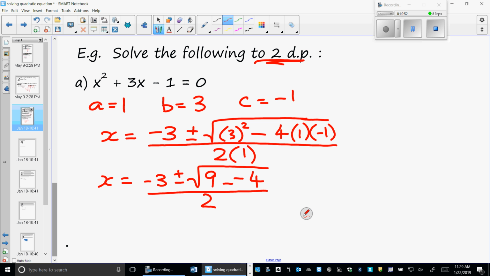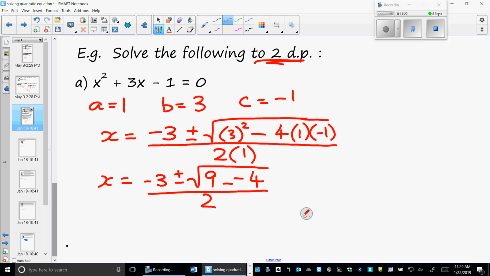I've kept my takeaway here, and I've done 4 multiplied by 1 multiplied by negative 1, which gives me negative 4. Okay? So I have got takeaway negative 4. You could say, right, that's negative 4 multiplied by 1 multiplied by negative 1, which will give you plus. Either method, you're going to end up adding these numbers. So you have a choice. Yes, you are correct. I'm just keeping it here to keep it looking more like this.